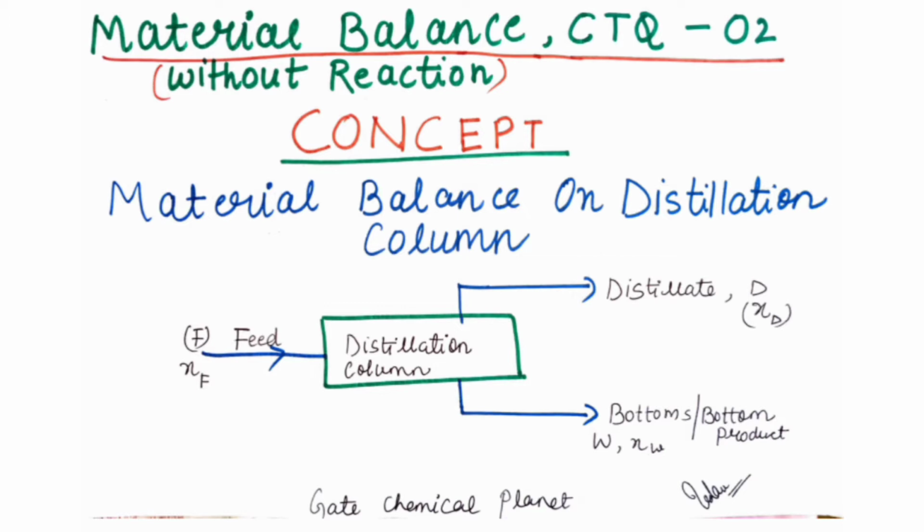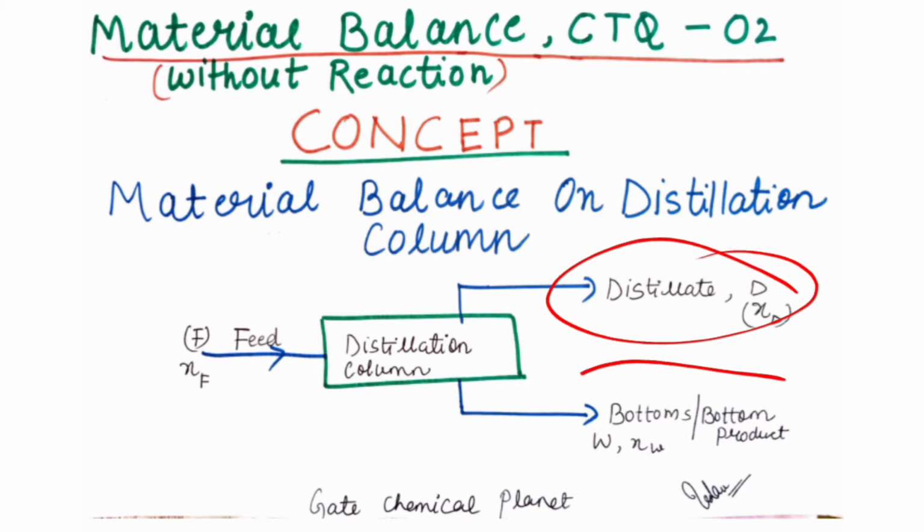The product removed from the top is called the distillate, and it is also known as the overhead product, and that removed from the bottom is known as the bottoms or bottom product.